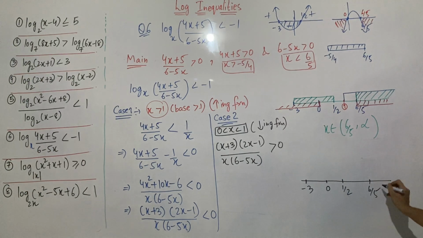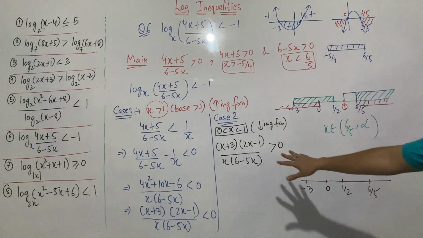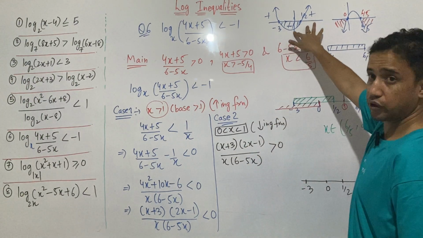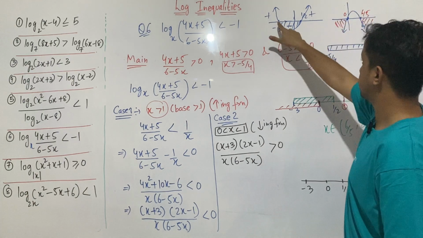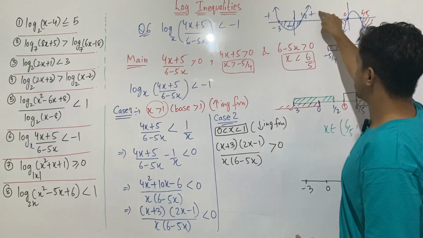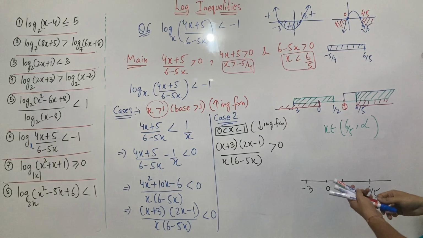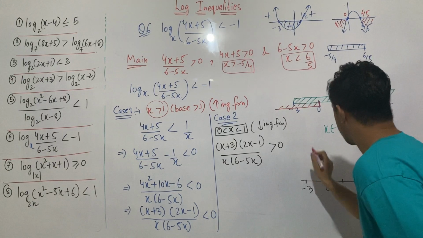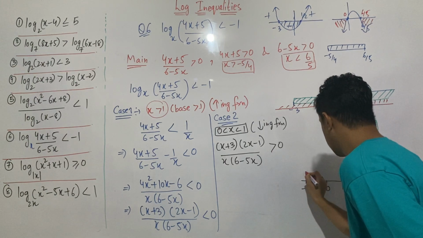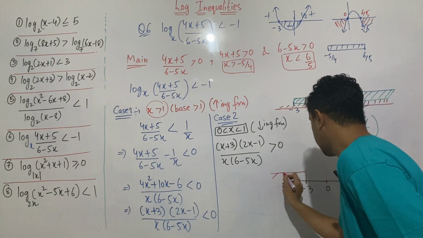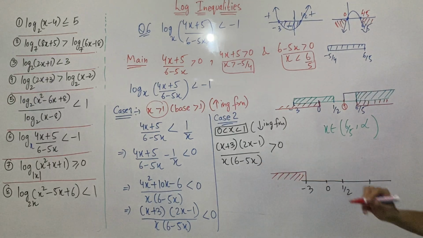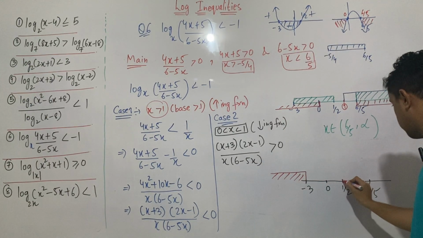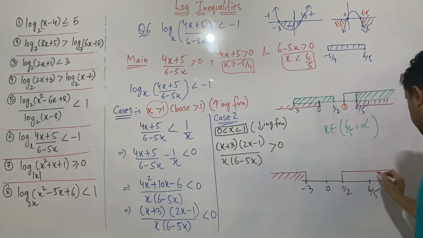This thing is greater than 0 means y greater than 0. So this region and this region. So it means this one, minus 3 to minus infinity, and 1 by 2 to infinity.